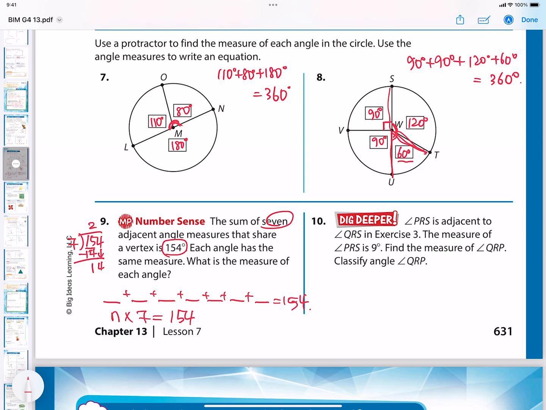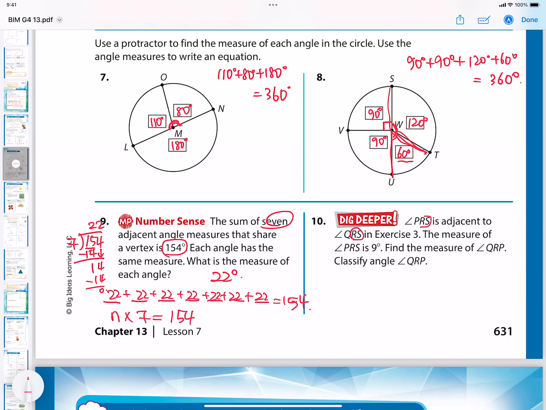Bring this 4 down. 7 times 2 is another 14. So the answer is 22. 22 times 7 is going to be 154. So I know the answer is 22 degrees.